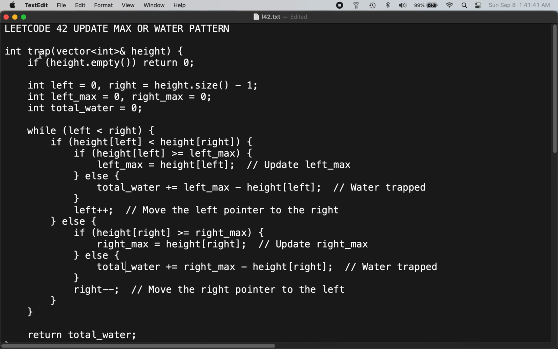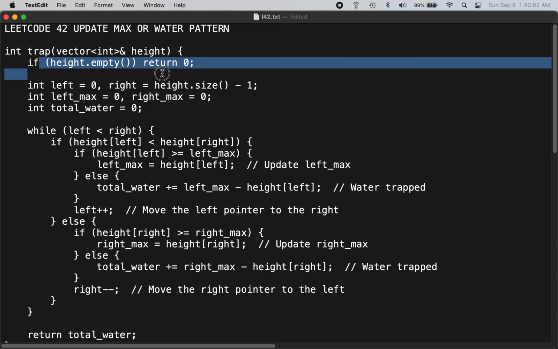This defines the function trap that calculates the trapped water, taking the reference of a vector of heights and returning the total units of water as an integer. If the height is empty, then you return 0. That is basically a base case.